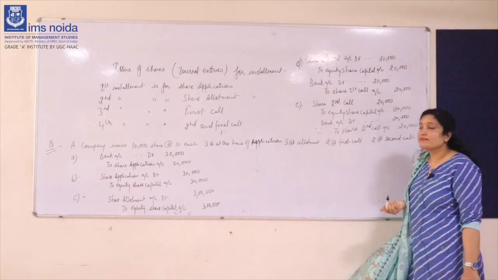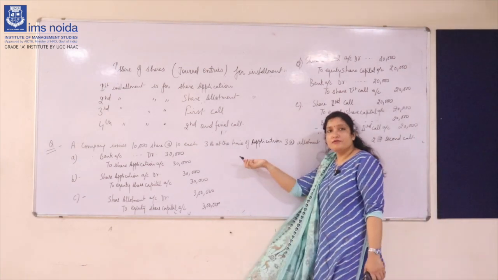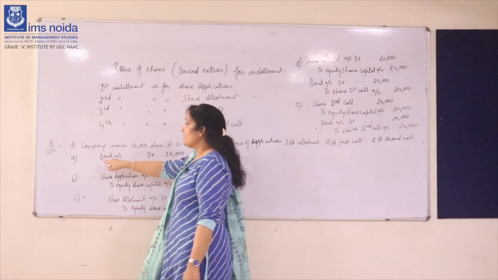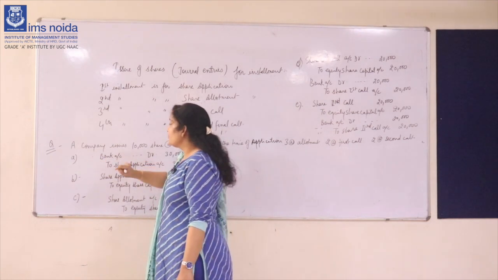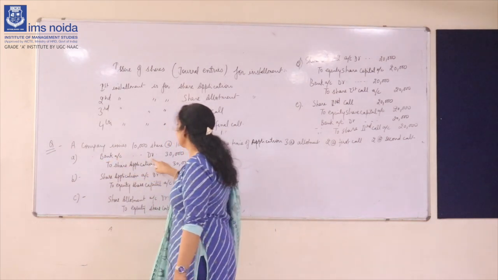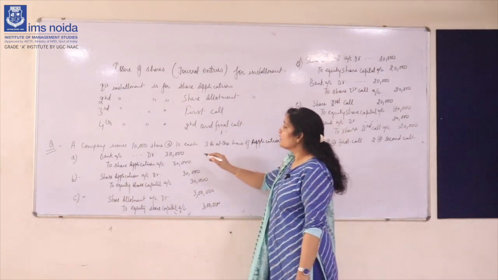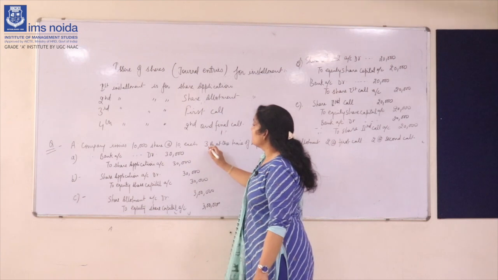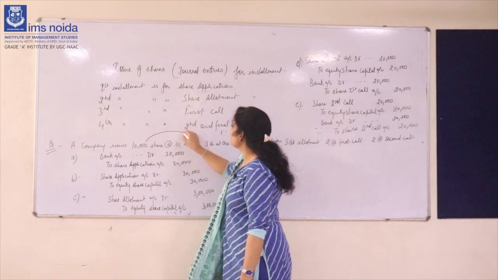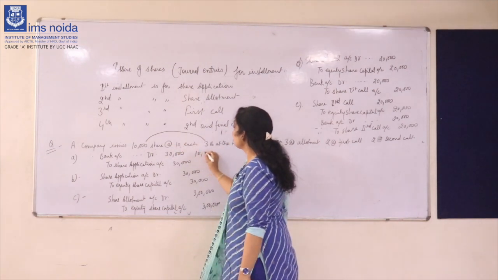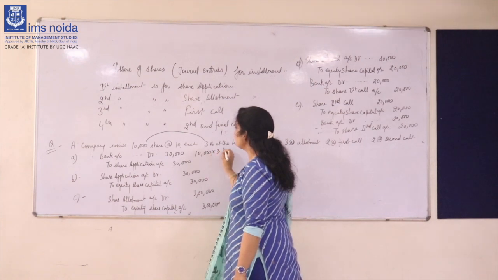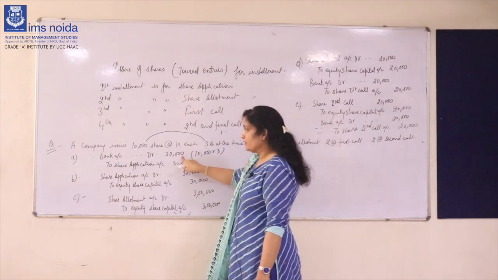Now how we will pass the entry for the question, we will understand here. The first entry is bank account debit, which is 30,000. So how will this 30,000 come? It is 10,000 shares multiplied by 3, we'll get 30,000.